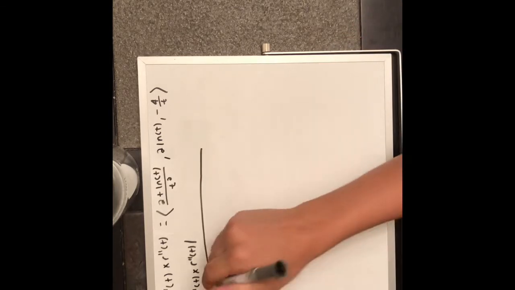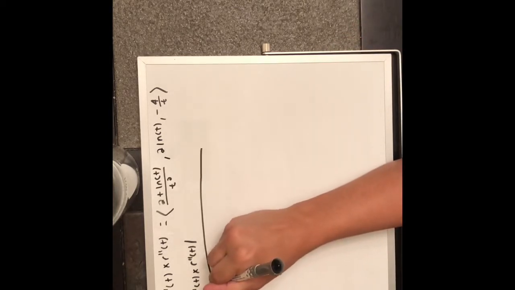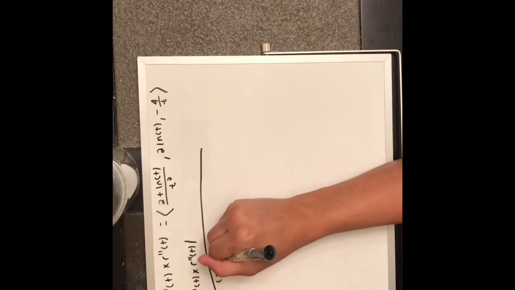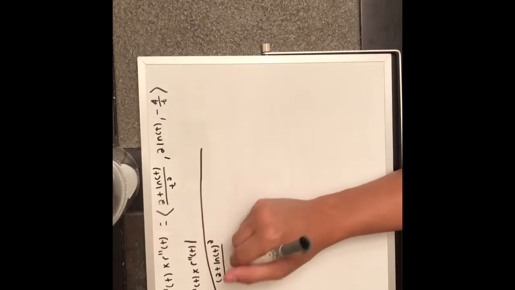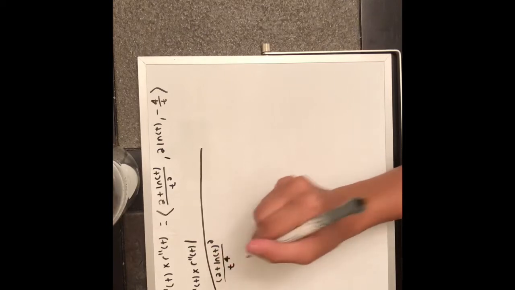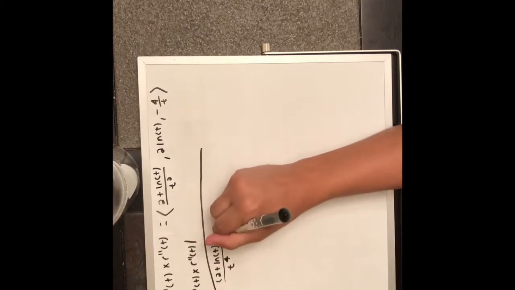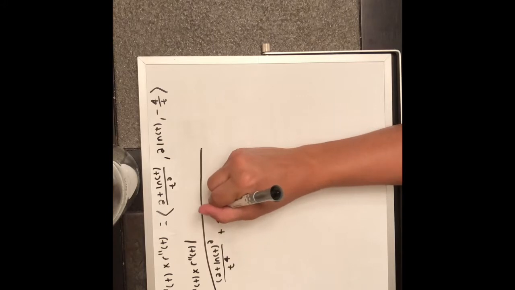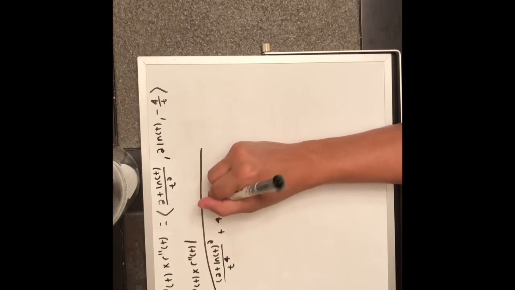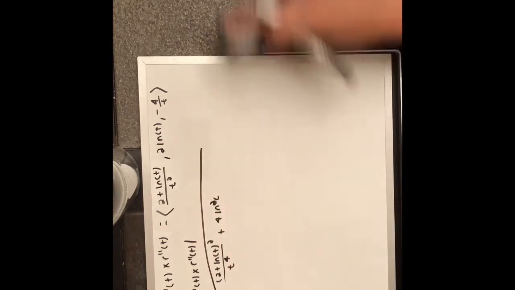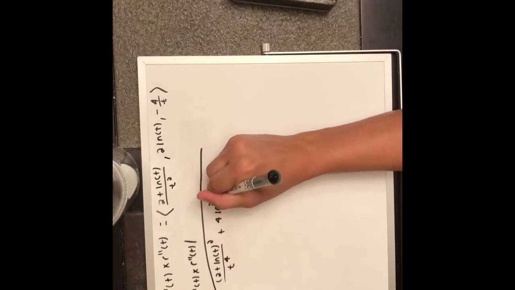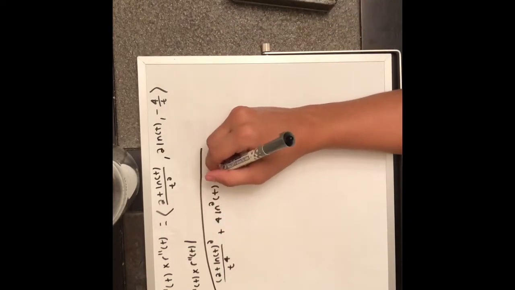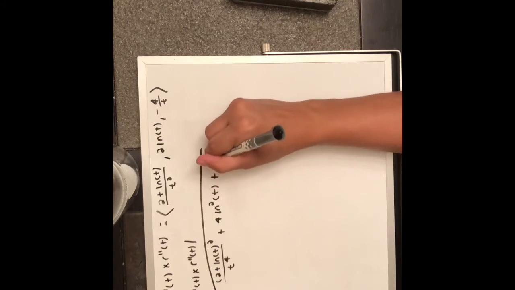So we have (2 plus ln of t) squared over t to the 4th, plus 4 ln of t squared, plus 16 over t squared.